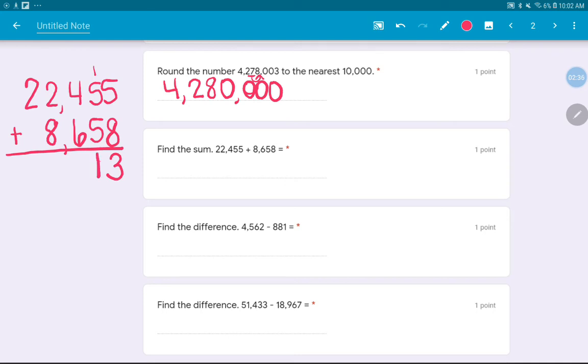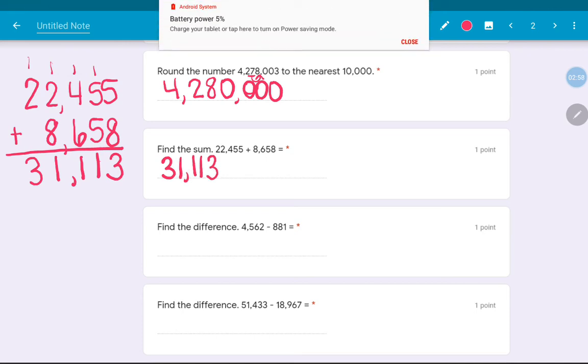Very good. 6 plus 4 plus 1 is 11. 8 plus 2 plus 1 is 11. And 2 plus 1 is 3. Very good. So the sum is 31,113. Okay.